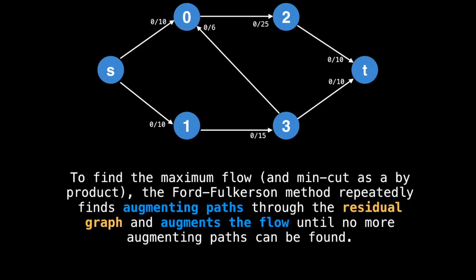To find the maximum flow, and also the min cut as a byproduct, the Ford-Fulkerson method repeatedly finds augmenting paths through the residual graph and augments the flow until no more augmenting paths can be found. So you're probably asking yourself at this moment, what is an augmenting path? What the heck is a residual graph? And what do you mean by augment the flow? Alright, let me explain. We'll do them one by one.